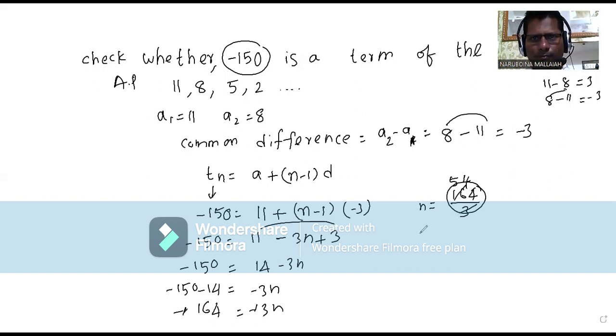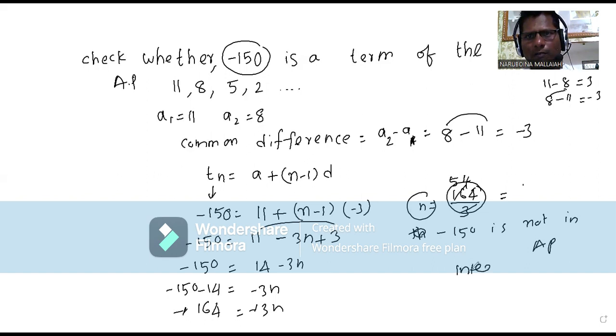So minus 150 is not in the AP. The reason is the nth term. The nth term may be the first term, third term, seventh term, 20th term, or 25th term, like that. Here we should get one integer after doing the division.